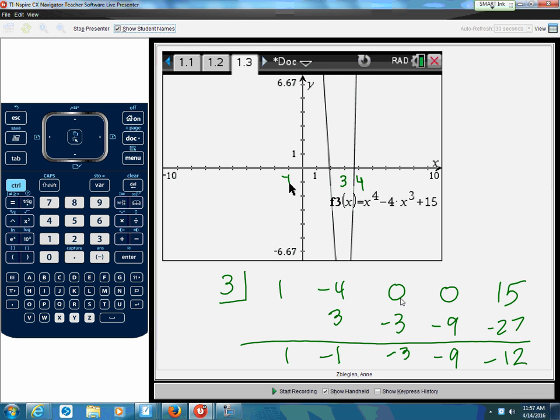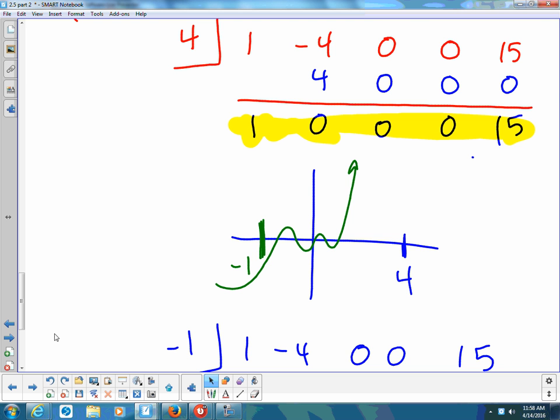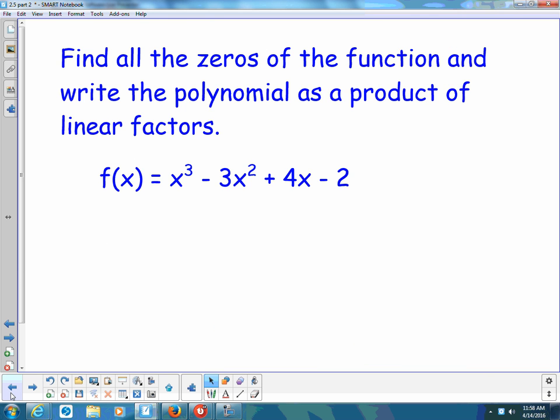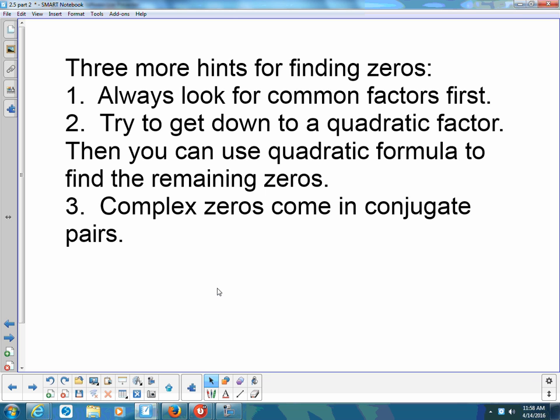So I would like to take a look at the 3 more hints that are on your gift there. 3 more hints. Whoops, there they are. For finding zeros. Always look for common factors first.